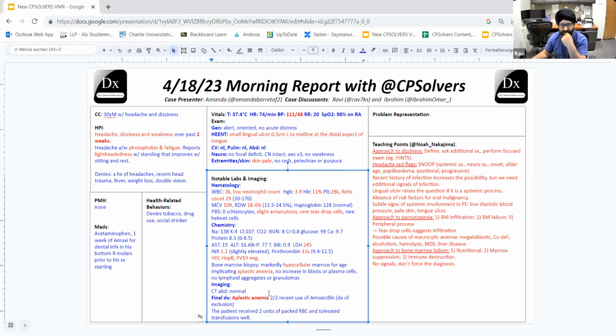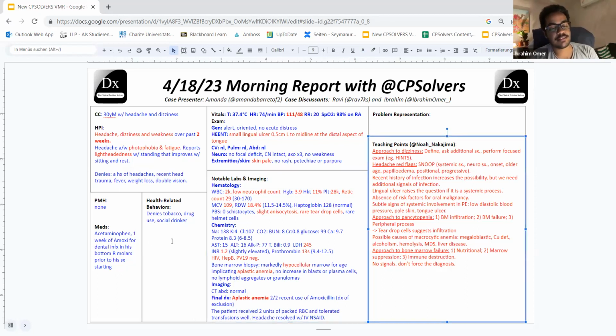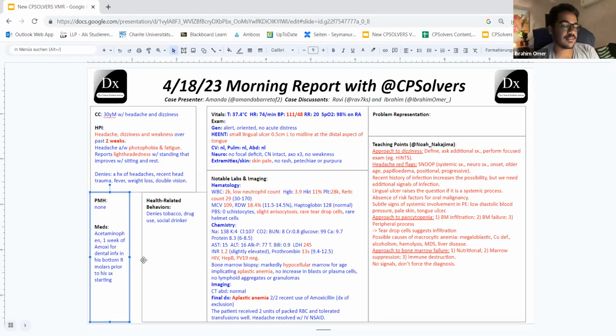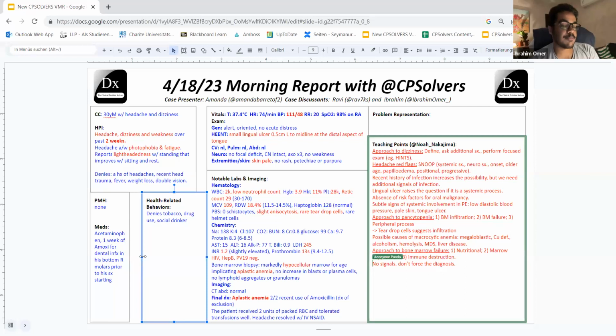Any reflections, Ibrahim? Yeah, so I'm also thinking about yesterday's case, where we also had an adverse drug reaction to a medication. And I really like the point that Dr. Berger brought up, that it's fine sometimes to call it idiopathic, not necessarily drug-induced, but then you don't want the patient to develop pancytopenia in the future if they had another dental abscess.